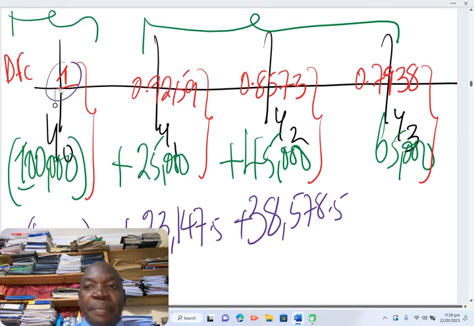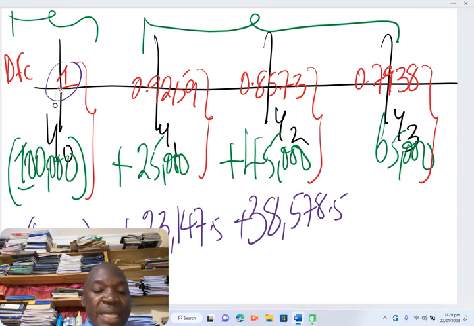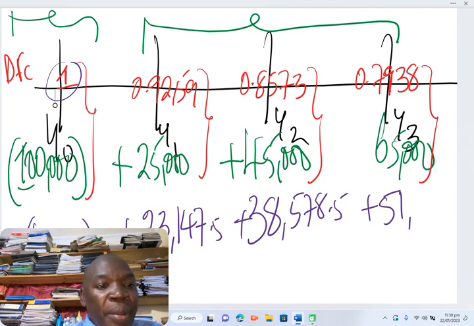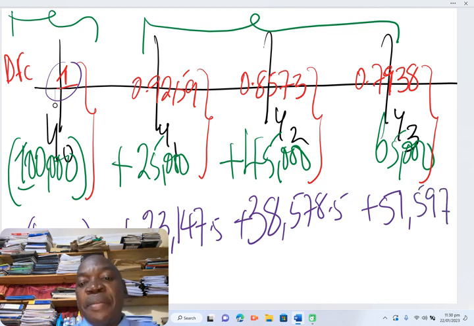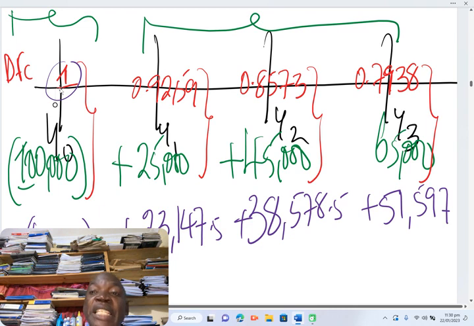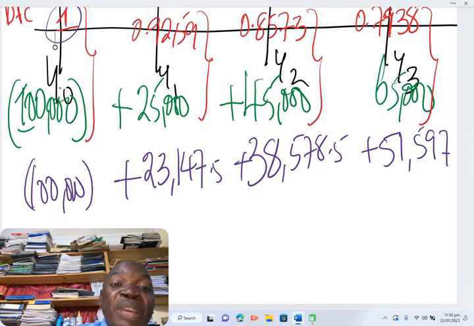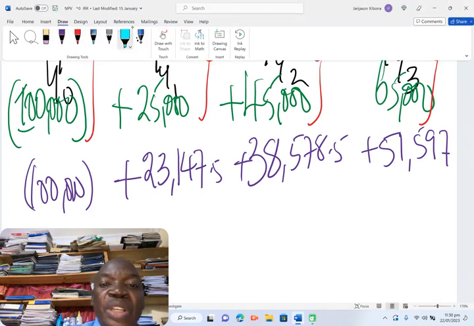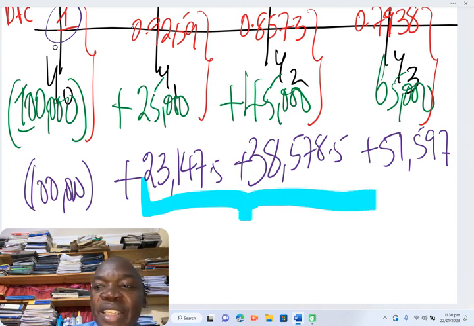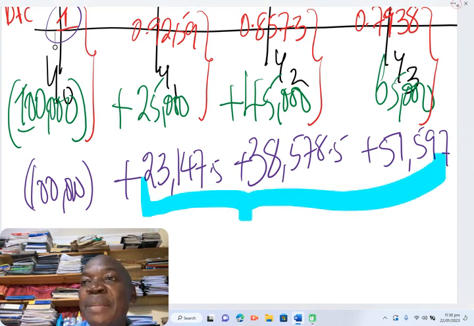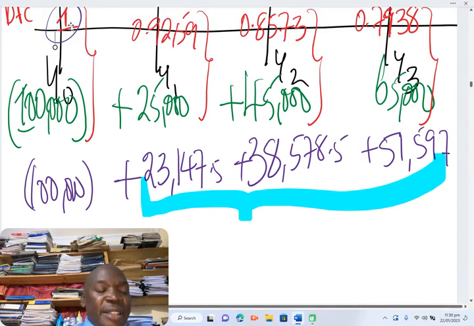In year 3, 0.7938 multiplied by 65,000 is 51,597. Now, these positive numbers are cash. We call them discounted cash inflows. That's good news. You have to sum them.